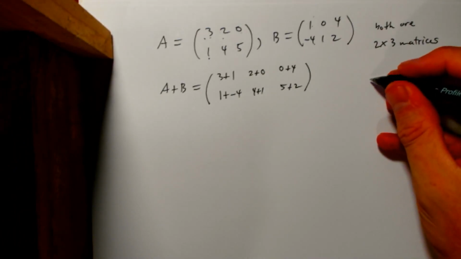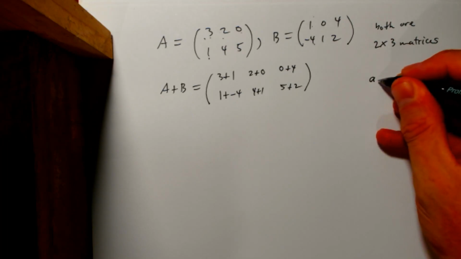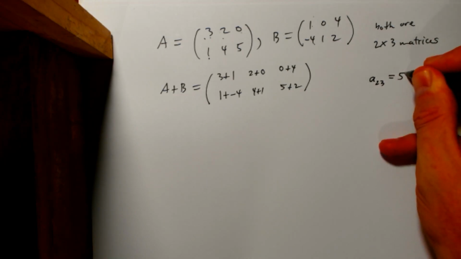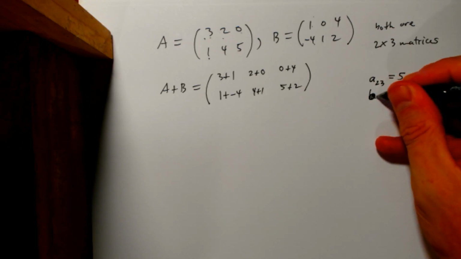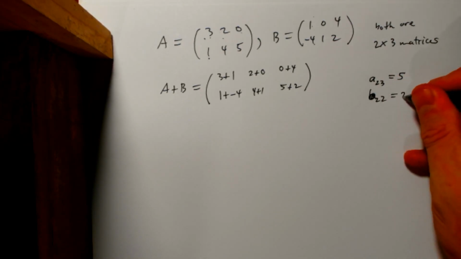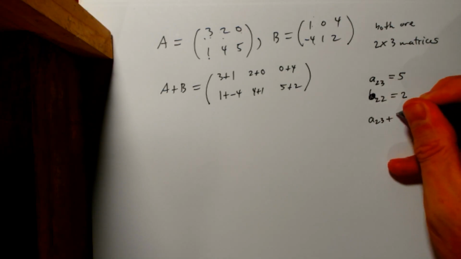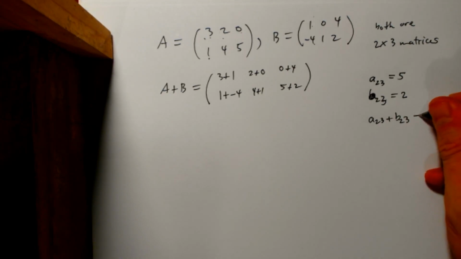Incidentally, let's pick one entry at random. A23 equals 5, and B23 is equal to 2. So the 2,3 entry of the sum is just 5 plus 2, which is 7.